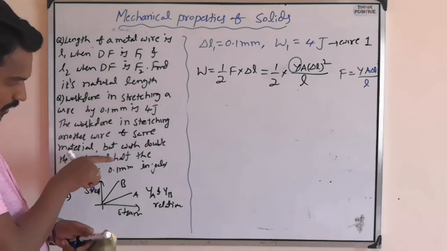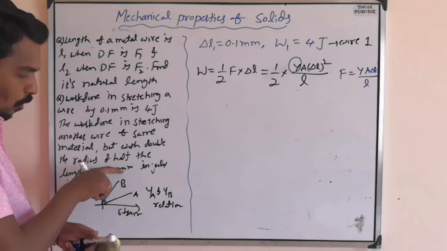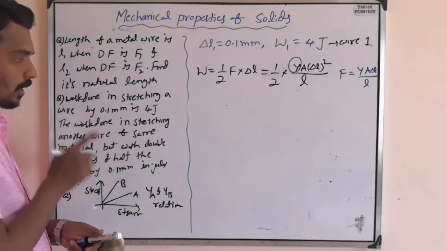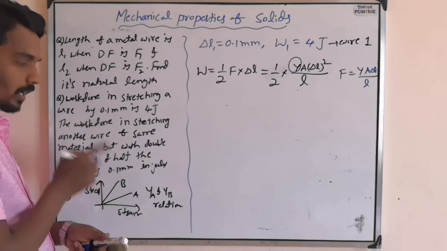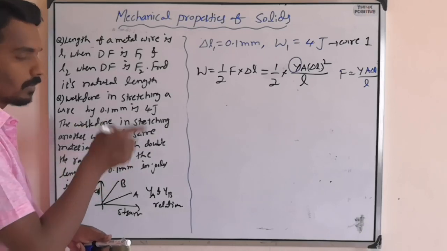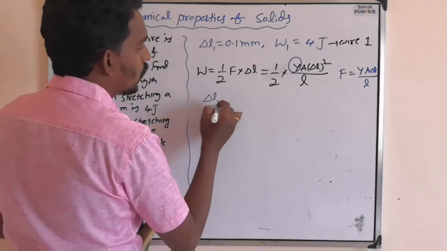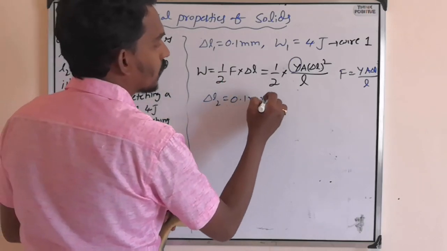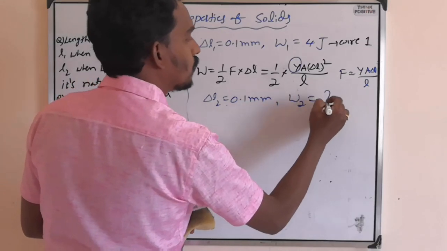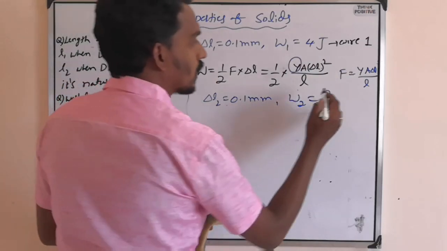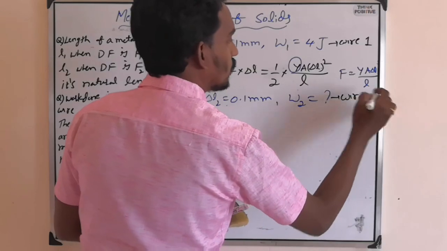The first wire is stretched by 0.1 millimeter, and you have to stretch the other wire also by 0.1 millimeter. So delta L2 is also 0.1 millimeter, such that you have to find the work done. This is for the case of wire 2.